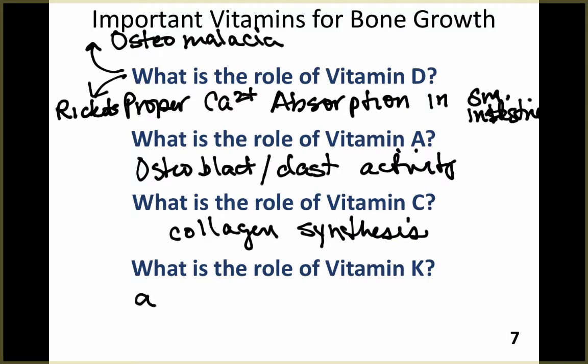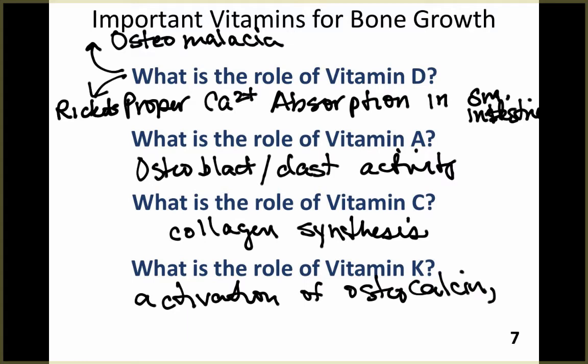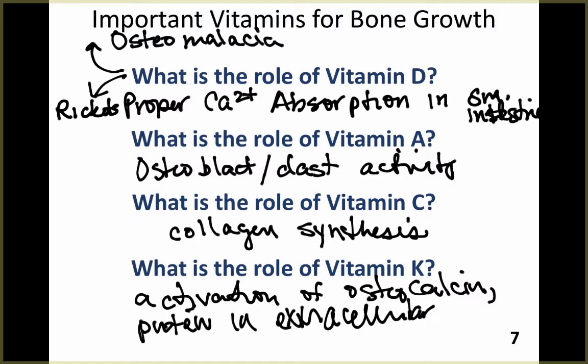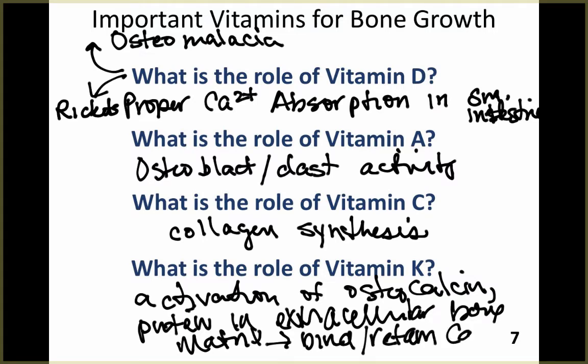And basically, vitamin K is important for the activation of osteocalcin. And this is a protein in the extracellular bone matrix needed to bind and retain calcium in the matrix. So these are all the very important vitamins for bone growth.